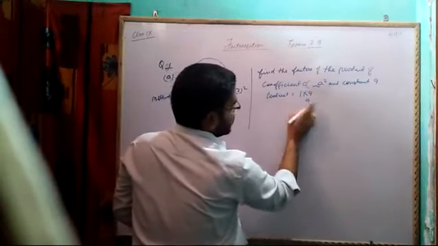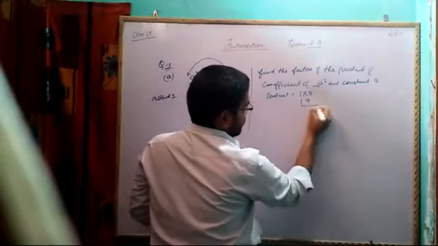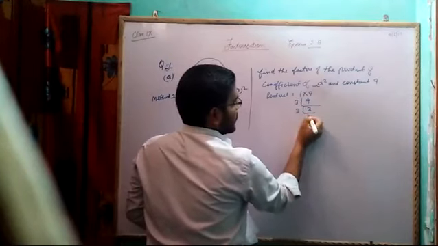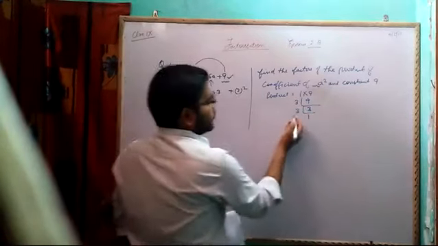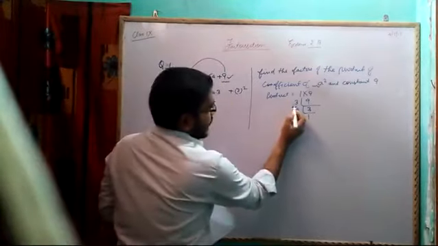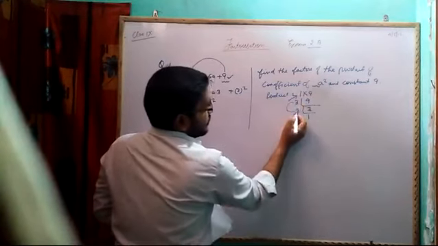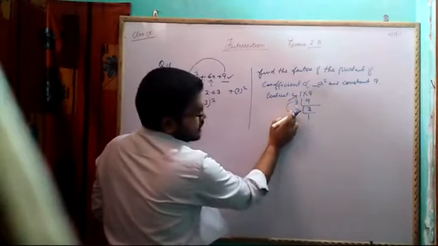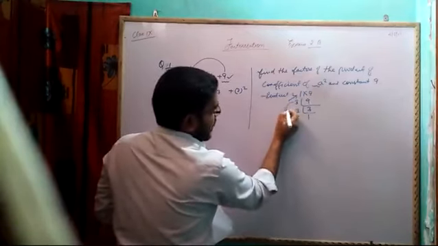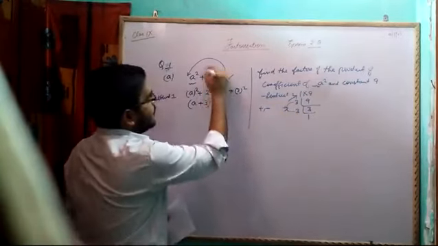Now what are the factors of 9? If we use the prime factorization method, I will be using 3, 3's are 9, 3 1's are 3. Now you have to make the pair in such a way that their product will be equal to this product, and their sum and difference should be equal to the middle term.